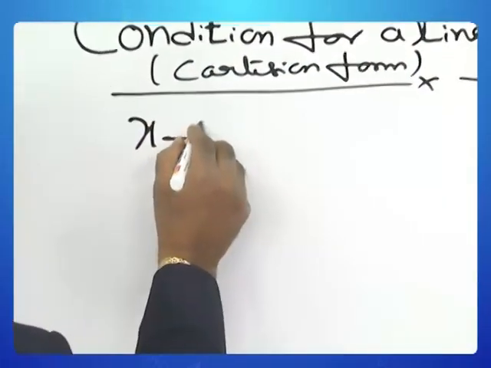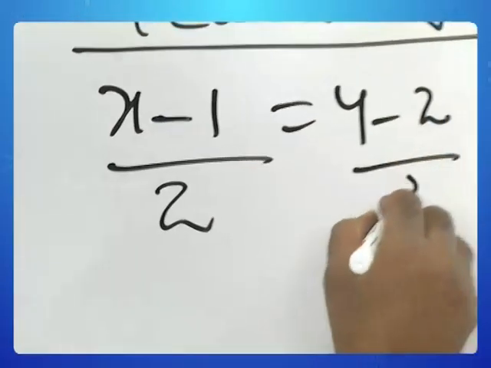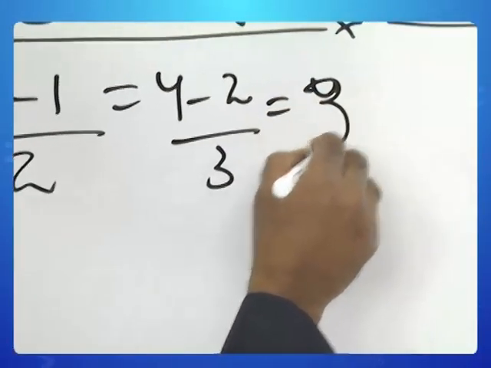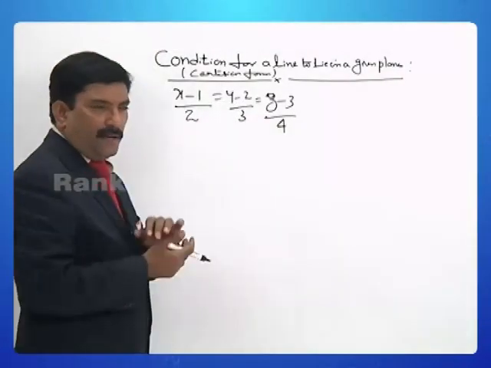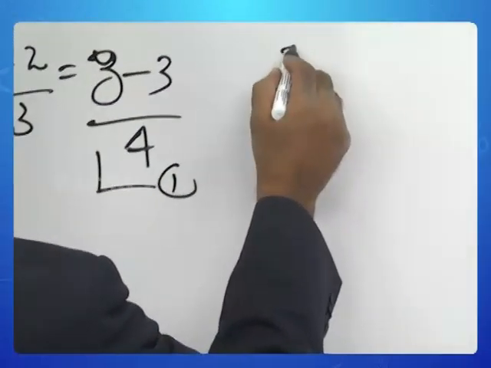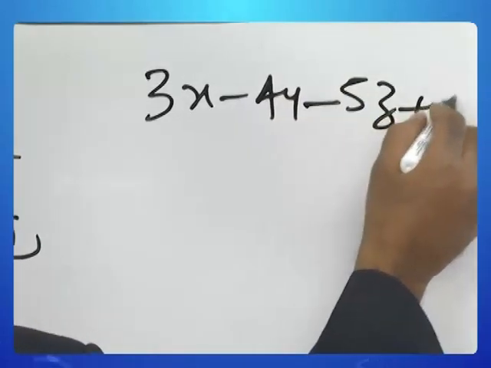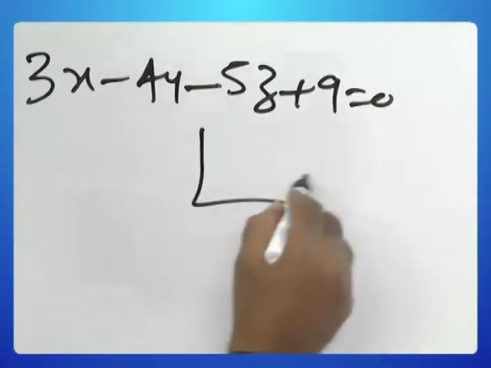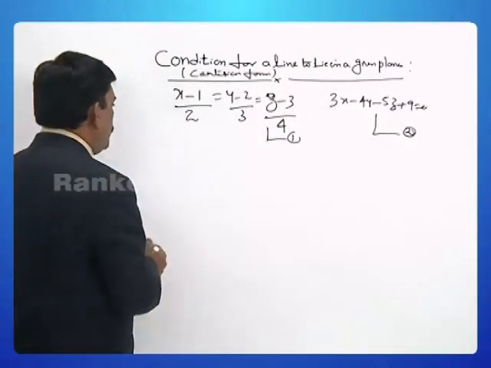(x minus 1)/2 equals (y minus 2)/3 equals (z minus 3)/4 is one line. You call this 1, and a plane 3x minus 4y minus 5z plus 9 is equal to 0. You call it 2.